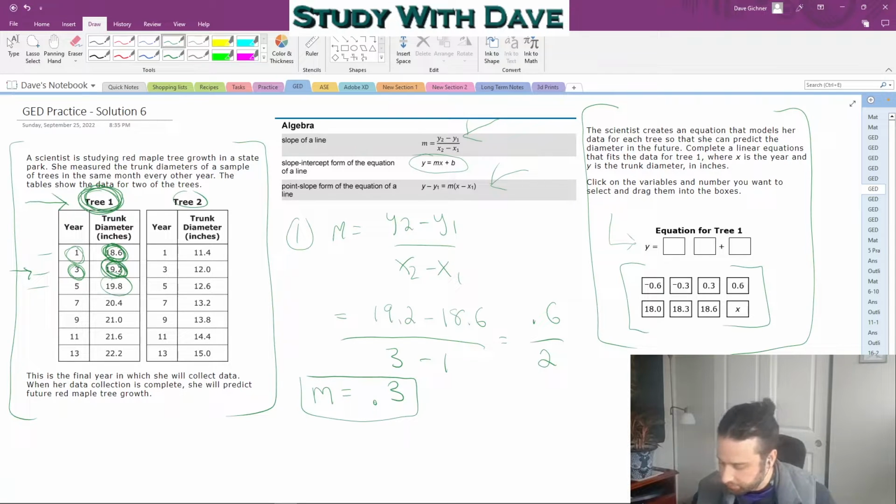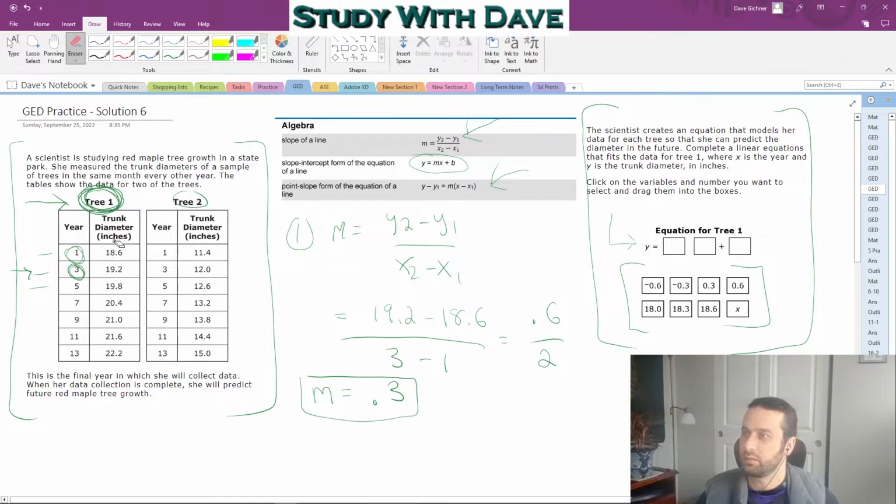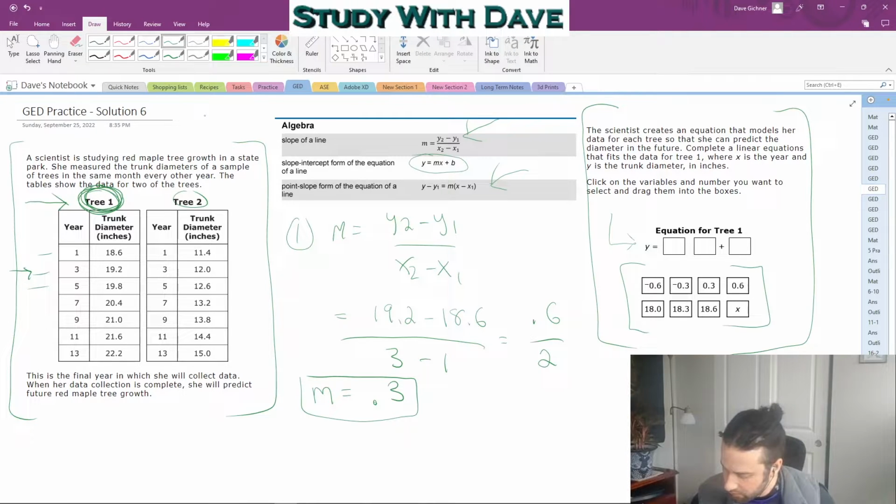Okay, now what? So now that we have m, let me just clean this up a little bit. Now we are going to use this m, plug it into here, and then we have a y1 and an x1, which will be, well, x1 was 1, y1 was 18.6, so we're just using these two. So we got x1 is 1, and y1, sorry, a little sloppy, is 18.6.